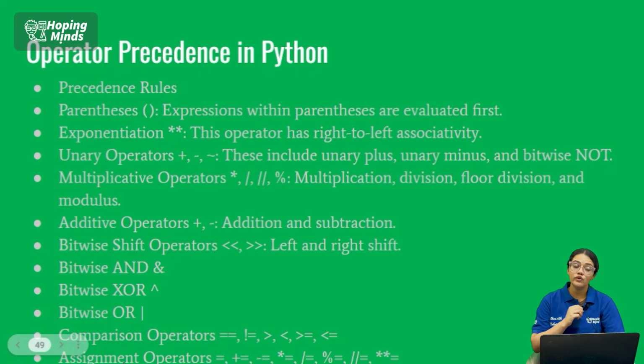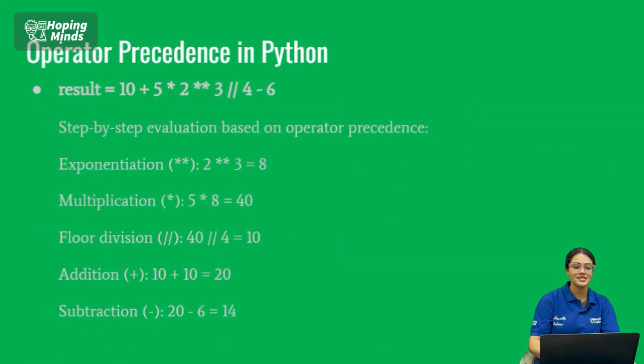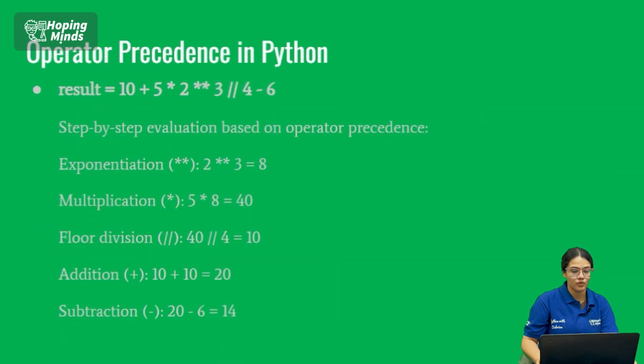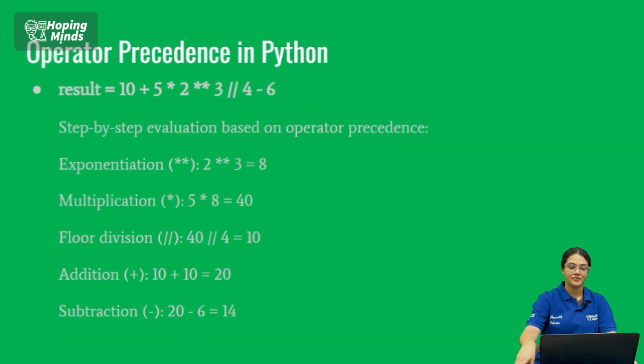Right? Now, in order to understand this operator precedence, let us do one example. For example, I have the statement given, and I have the solution which is readily available. I do not want you all to look at the solution. Just take a screenshot of these rules and try to do this question on your own.